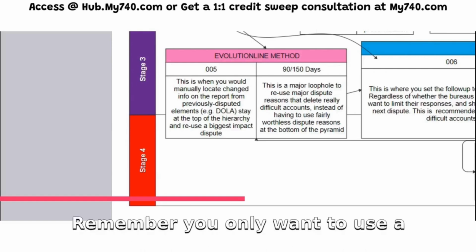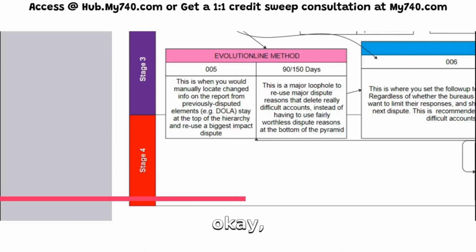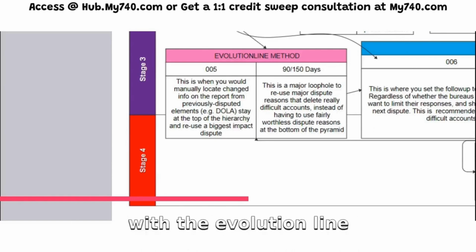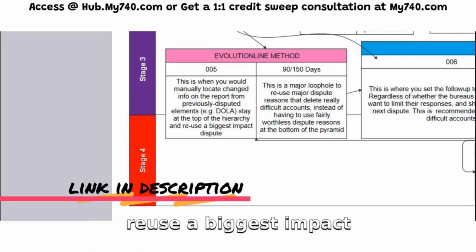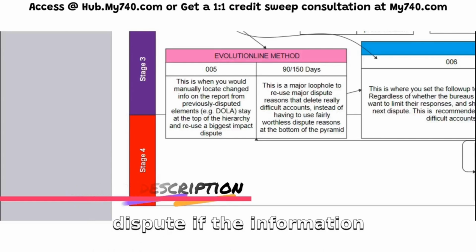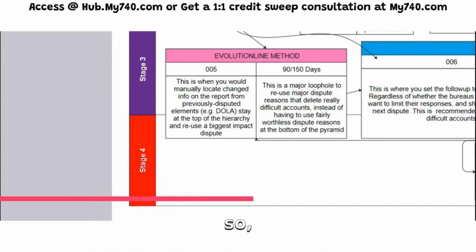Now remember, you only want to use a dispute reason once, okay? If you said it once, you're not going to say it again. However, with the evolution line method, you can actually stay at the top of the hierarchy and reuse a biggest impact dispute if the information has changed. So let's just say the date last active says 1/1/2021, right? You dispute it.